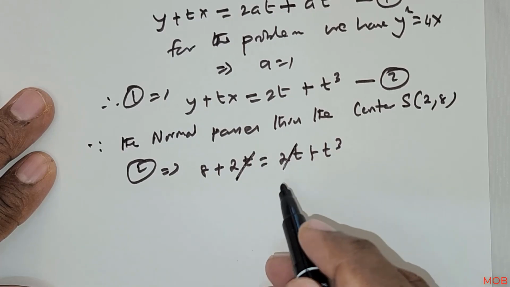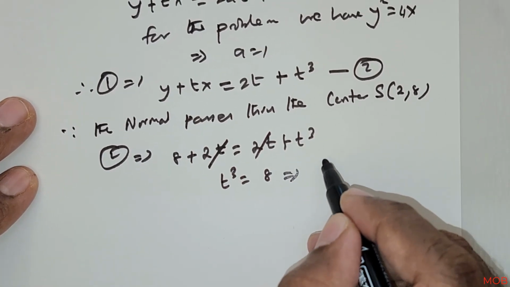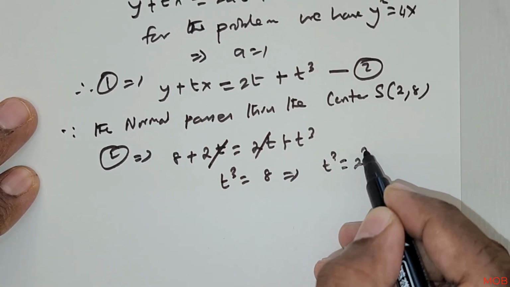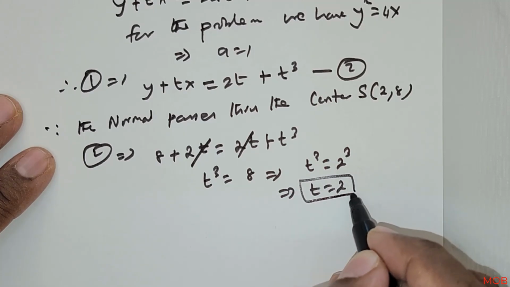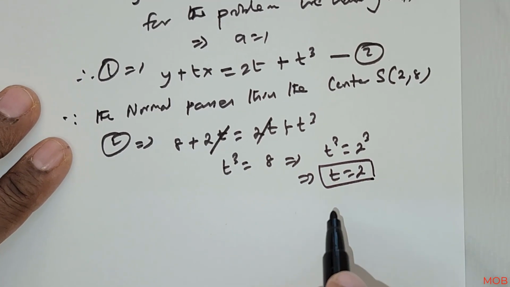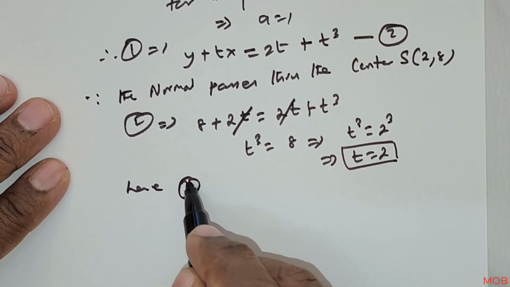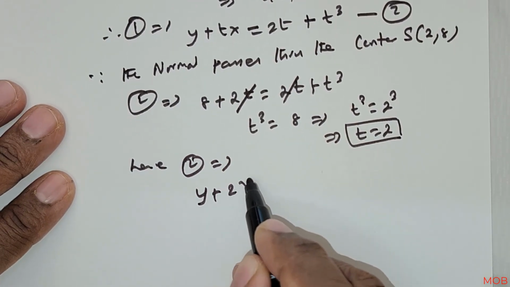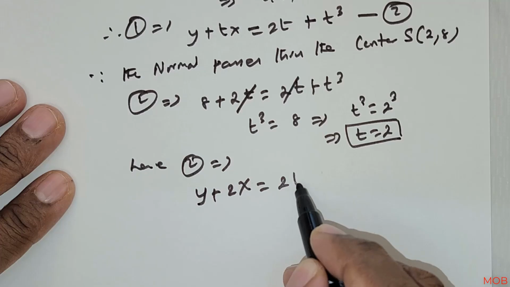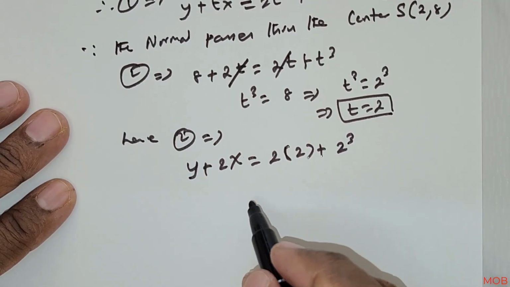So 2t gets cancelled, so t³ = 8. This implies t³ = 2³, which implies t = 2. So hence this can be rewritten as y + 2x = 2(2) + 2³.